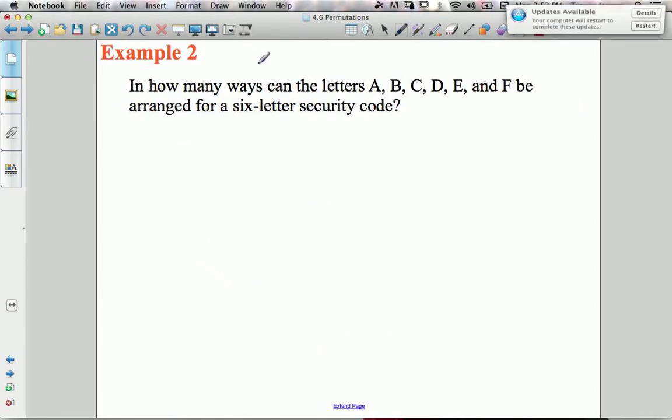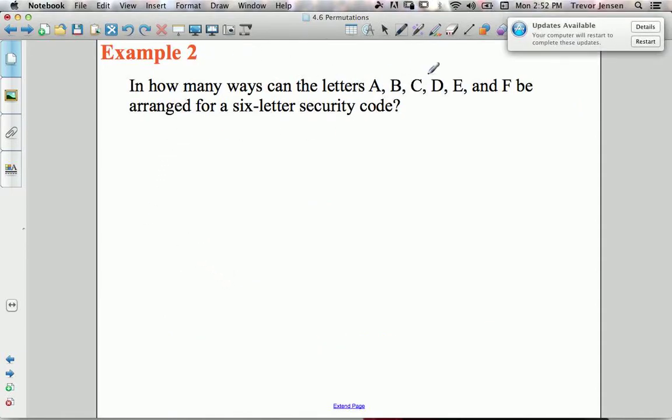Okay, another quick example. How many ways can the letters A, B, C, D, E, and F be arranged for a 6-letter security code? Using the multiplication rule for counting, I have to rearrange A, B, C, D, E, and F. There are 6 letters, and I have to arrange them.